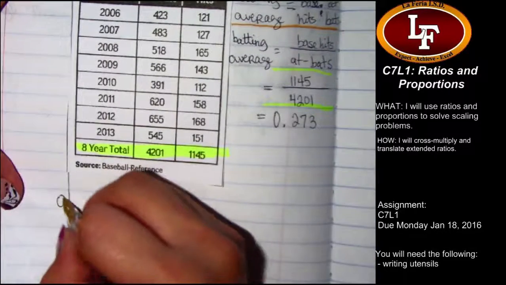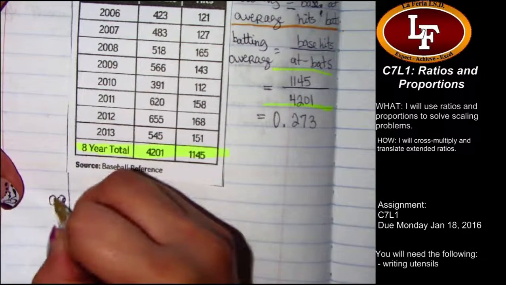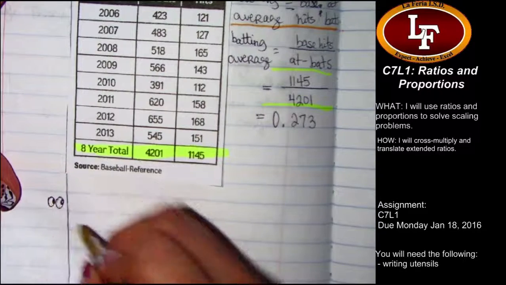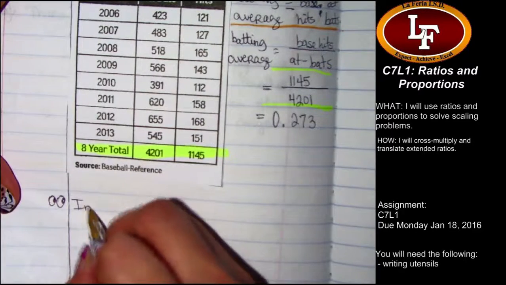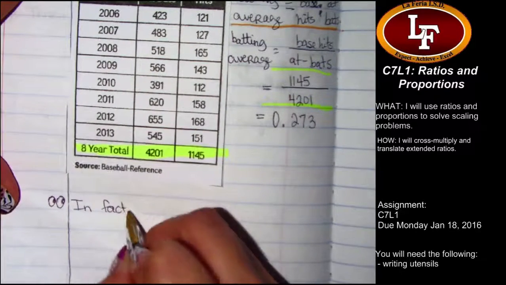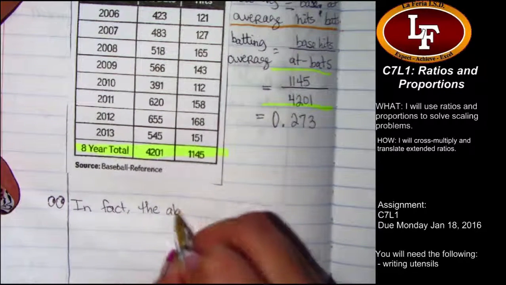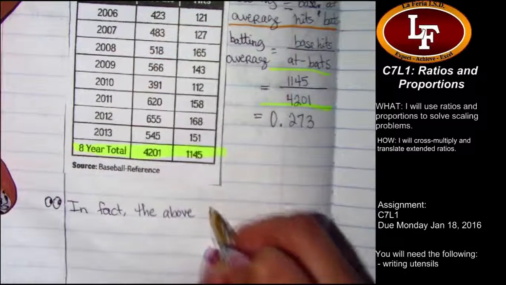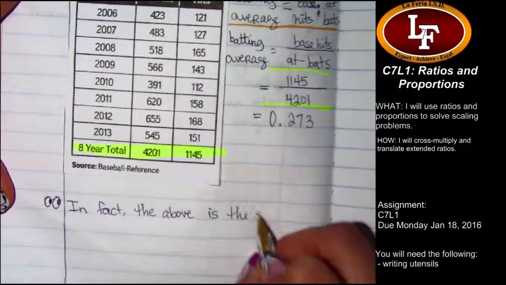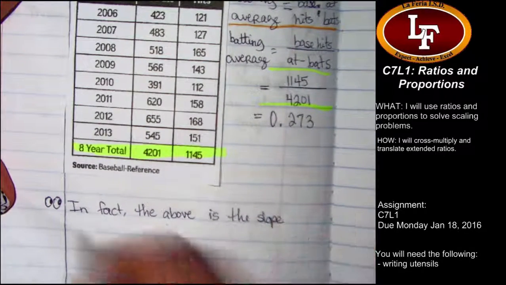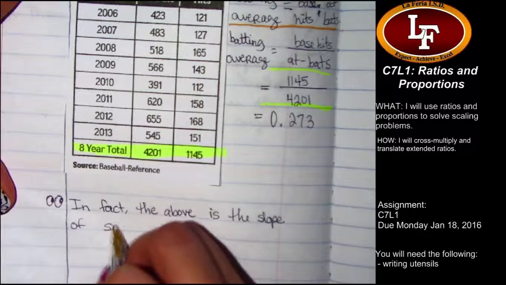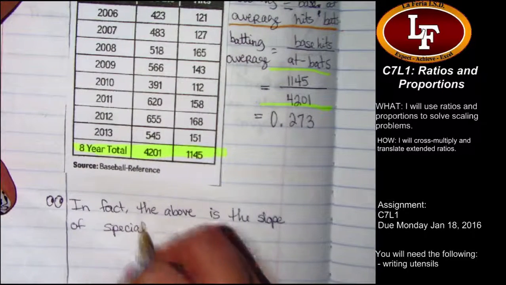All right, need you to draw for me a pair of eyes that are looking forward into the future. Because not only did we calculate his batting average, but in fact, the above calculation represents a way to find the slope of a very special linear function.